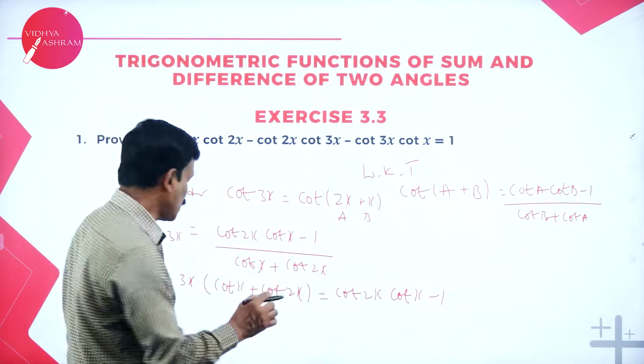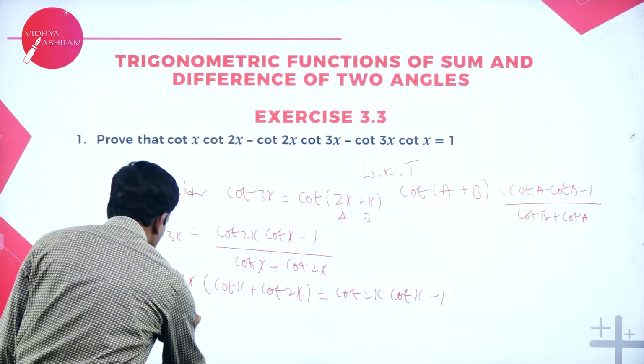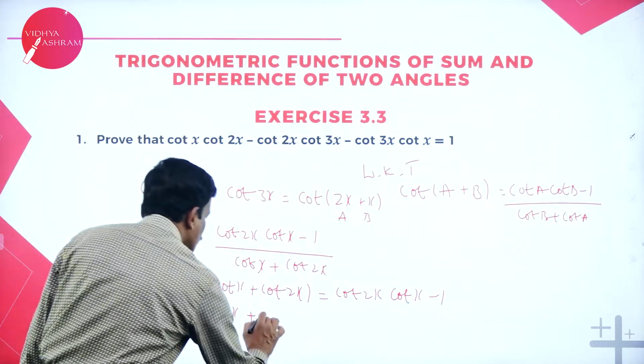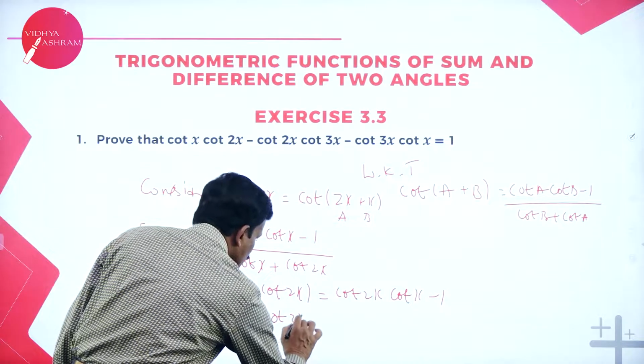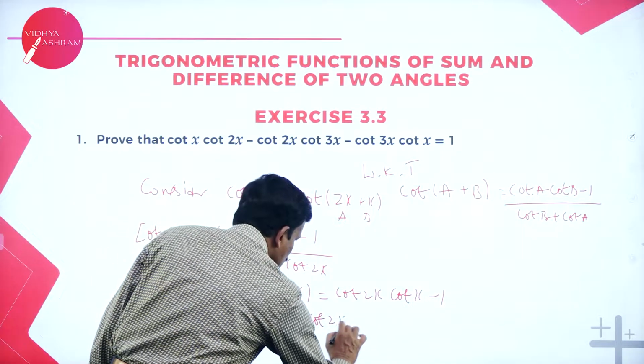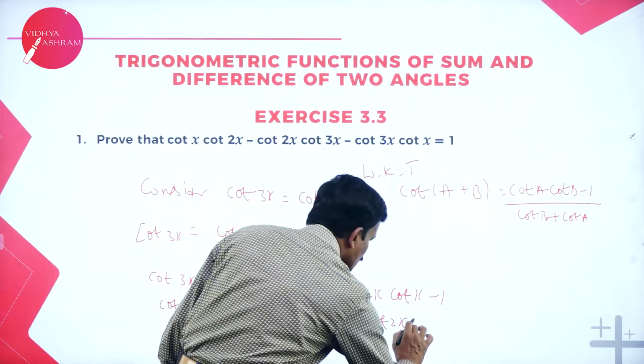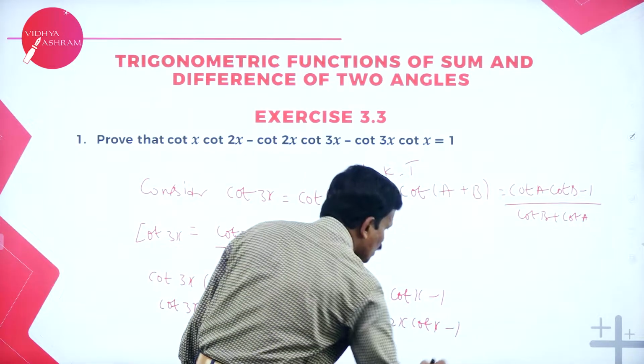So, just multiply by cot 3x: cot 3x into cot x plus cot 3x into cot 2x is equal to, this is as it is, don't change, cot 2x into cot x minus 1.